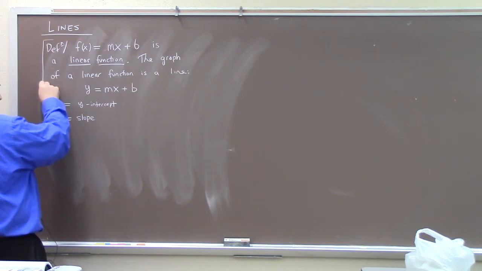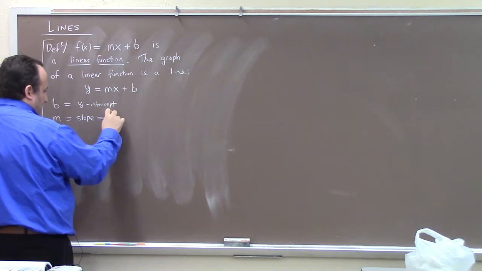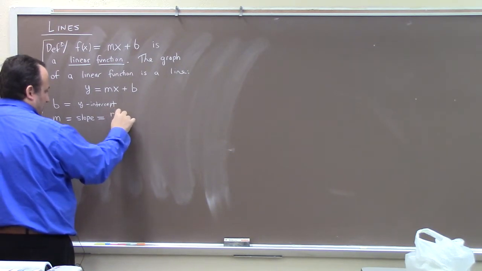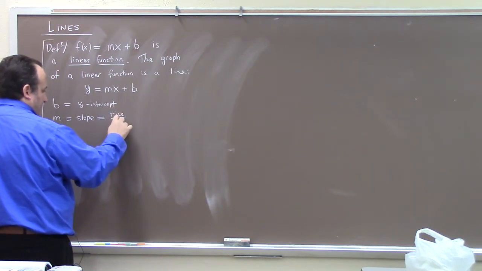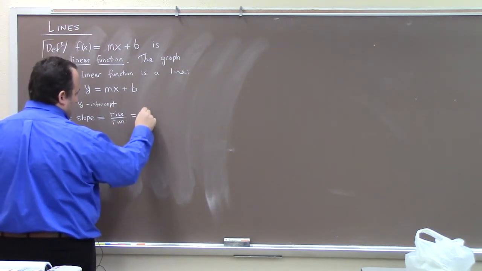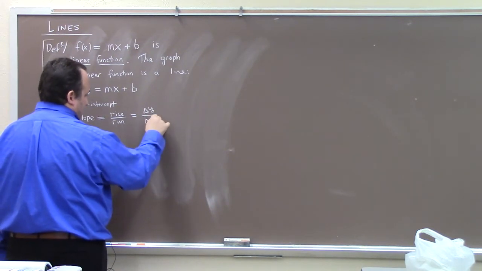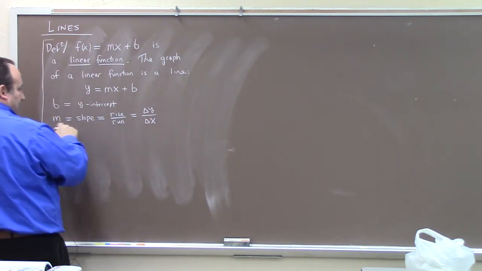And remember, or let me just tell you, the slope should be like the rise divided by the run. Sometimes people like to say that. Or you could say it's the change in y divided by the change in x. So that's what the slope is.